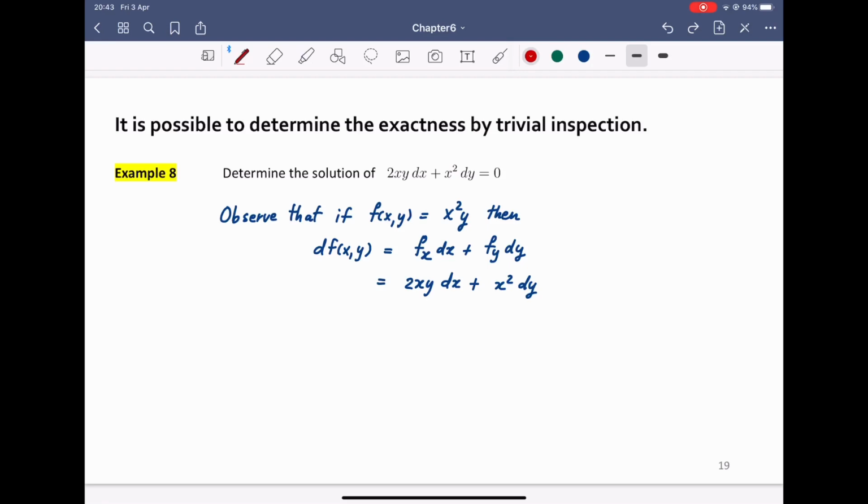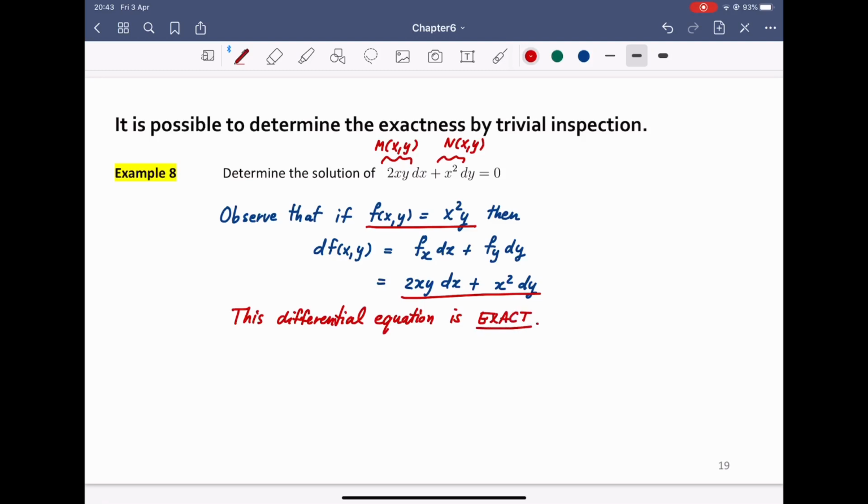Now, if you let M(x,y) be 2xy and you let N(x,y) be x squared, then you can see that you have found a function f such that when you compute the total derivative, it goes back to M dx plus N dy. This is indeed the definition of an exact differential equation. So this differential equation is exact.